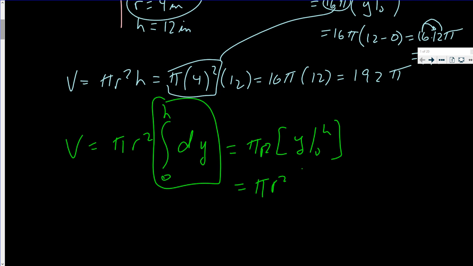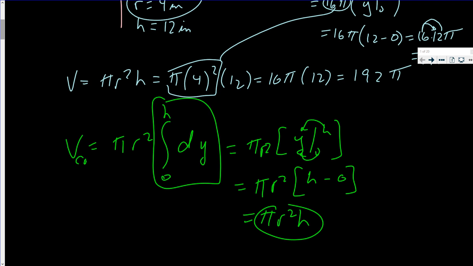So we get pi r squared, plug in h, get h, plug in 0, get 0. What's inside that bracket is just h. Ooh, that's right, I remember now.